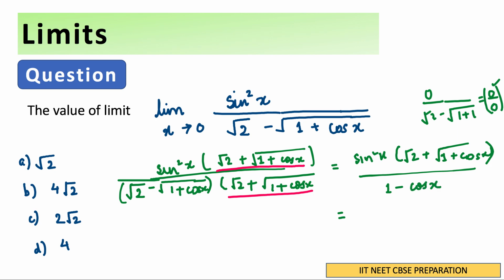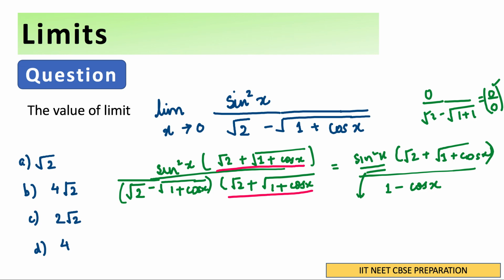Cool. Now sine square x, we can write this as 1 minus cos square x, and 1 minus cos square x can be written as 1 minus cos x into 1 plus cos x. So let's substitute this for sine square x in the next step.